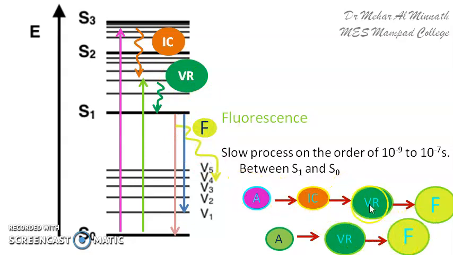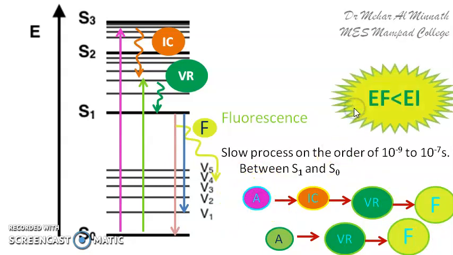So be it the first pathway or the second pathway, we find that the energy of the fluorescing radiation will be less than the energy of the irradiated light.